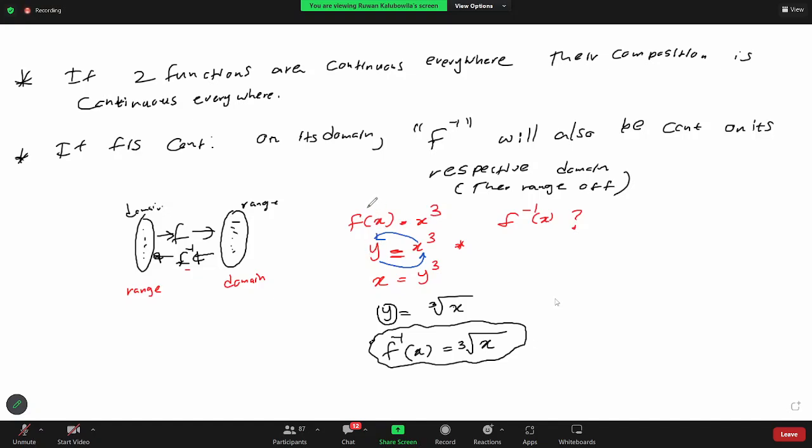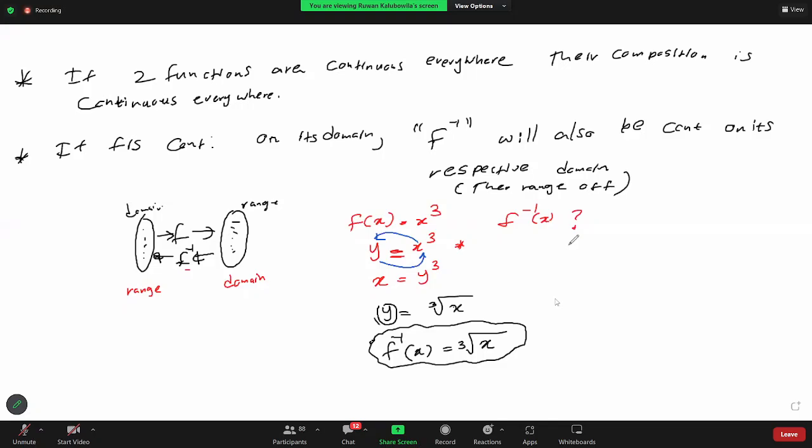Then, for f of x, write down y. It is very easy. Then change the letters y and x. Then solve the function for y. At that moment, y represents the inverse function. So that is the way of finding the inverse function.